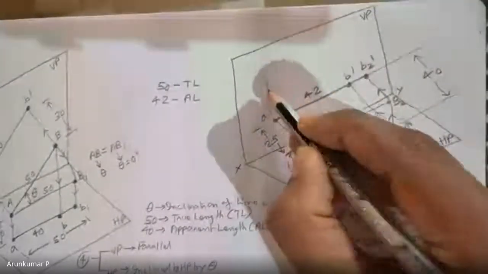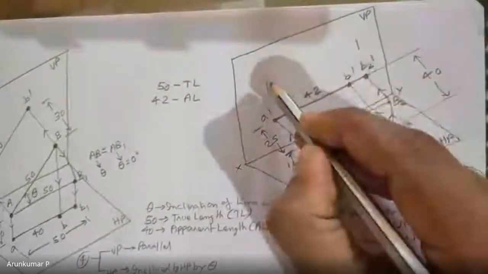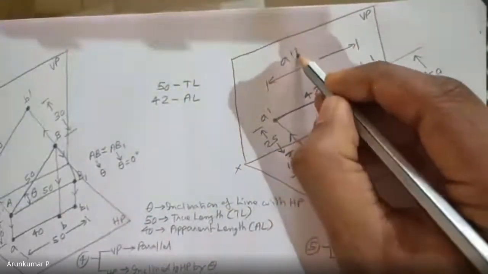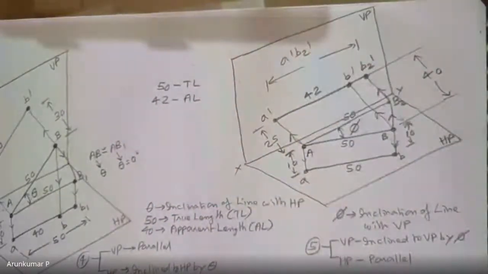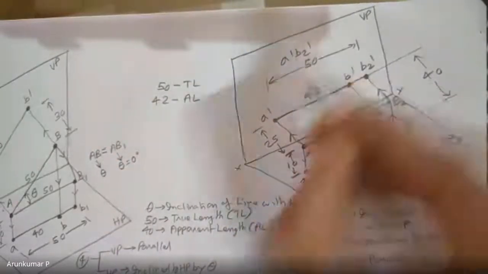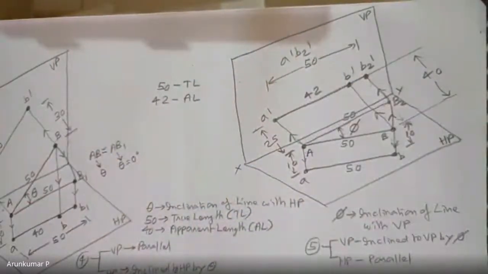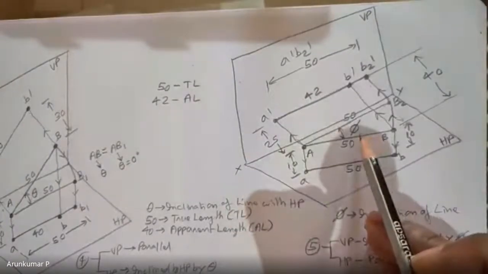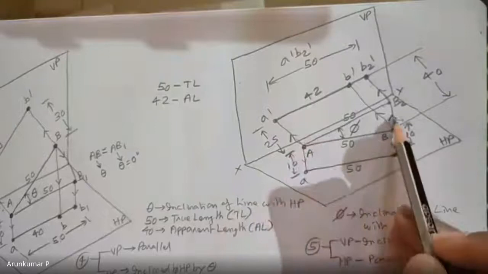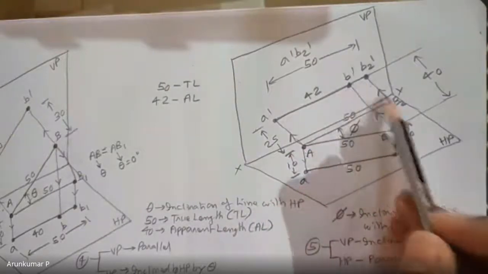So what is the length of this line now, A dash B2 dash, the front view? What is its length? 50 mm. Exactly. What I've done is I have made this phi 0 by rotating AB and making it parallel to VP.